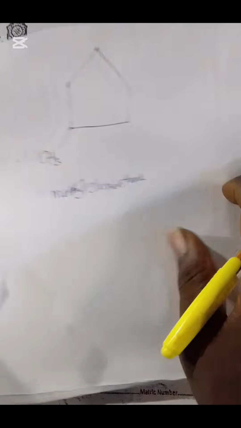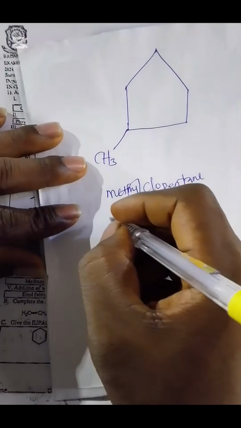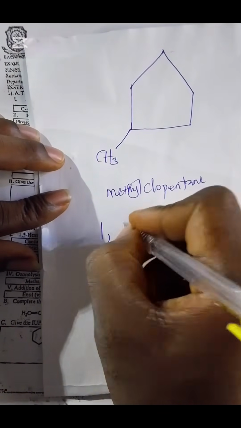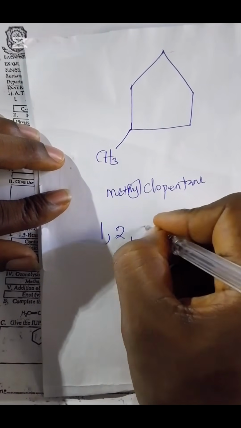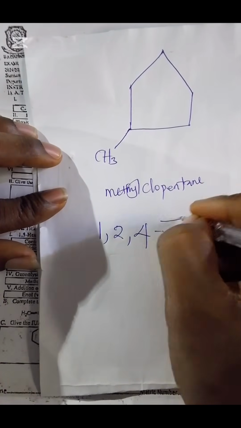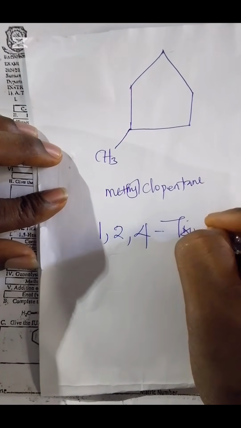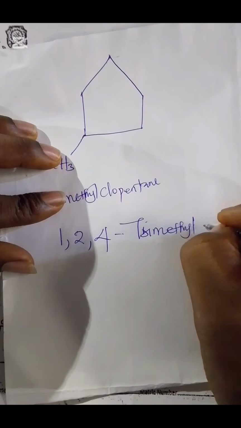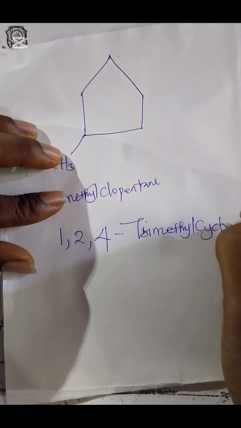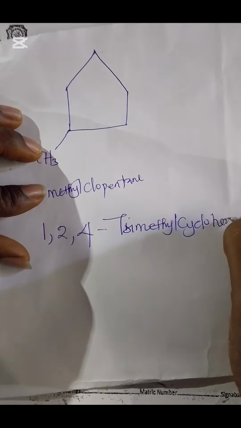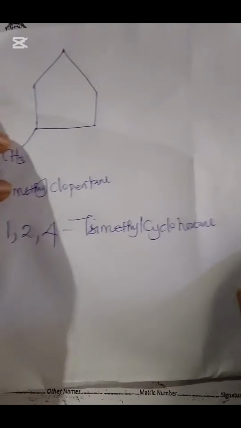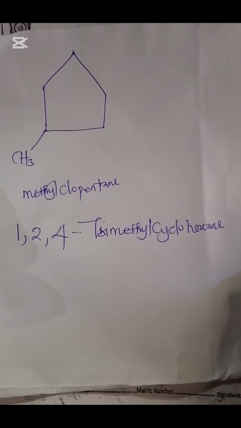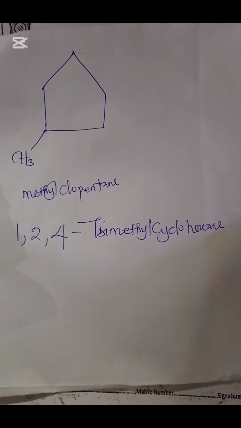Okay, we have 1, 2, 4 trimethyl cyclohexane. Let's verify.